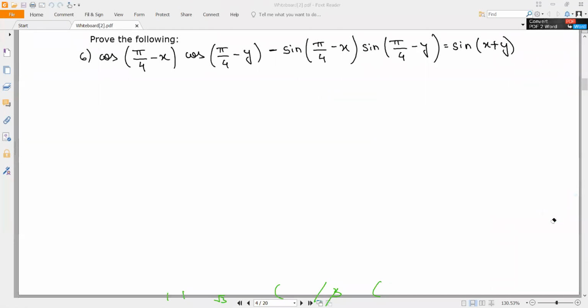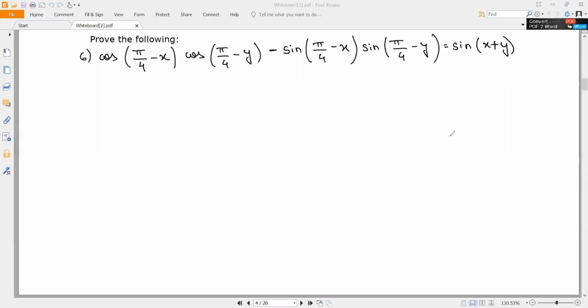Now, here you have to prove cos of pi by 4 minus x into cos of something minus sine of something into sine of something is equal to sine of something, whatever is mentioned. We have the formula for cos A into cos B, and we have the formula for sin A into sin B. To prove this, we will take the LHS, apply the two formulas for the two terms, and see where we end up, and we should end up with the RHS.